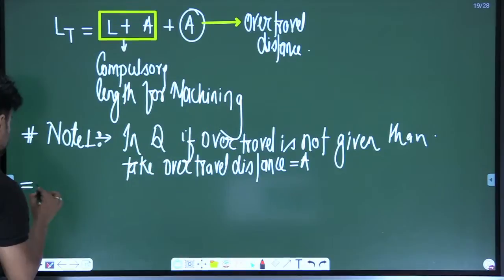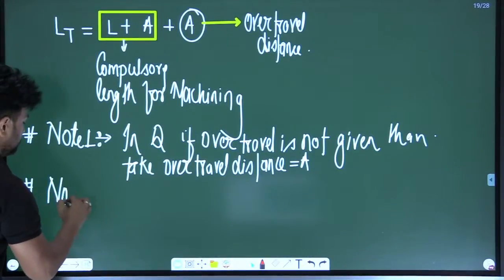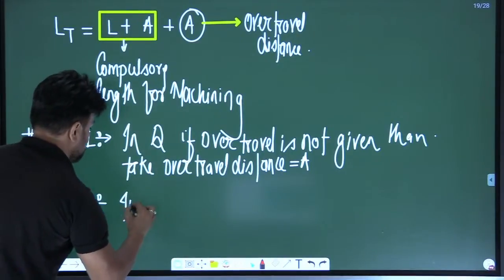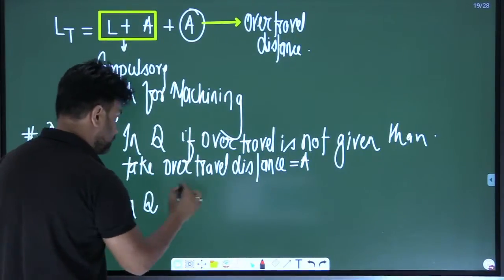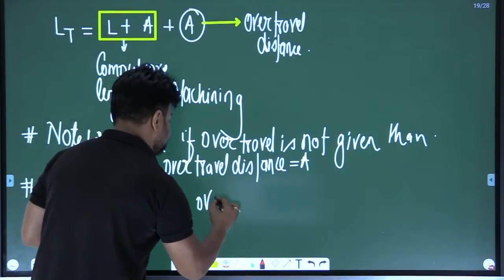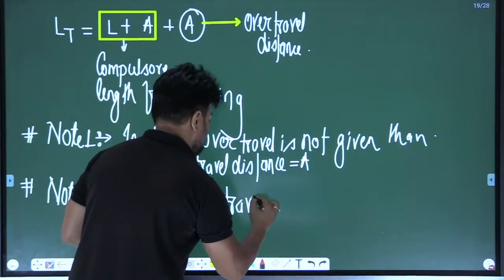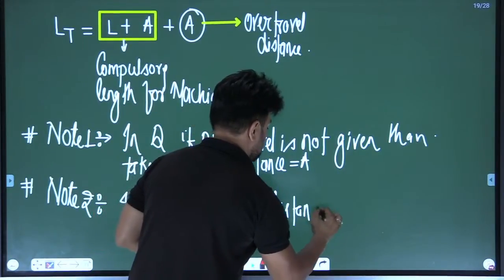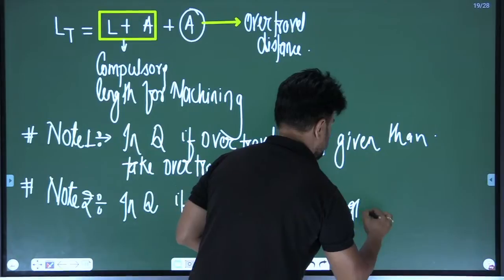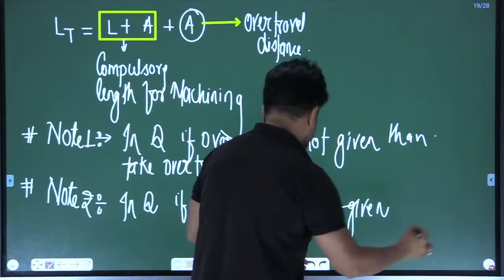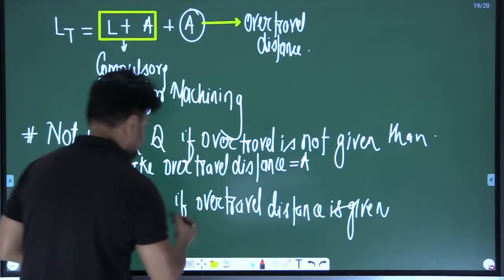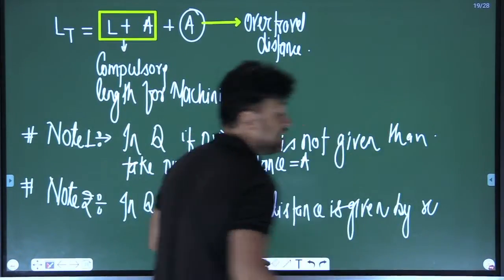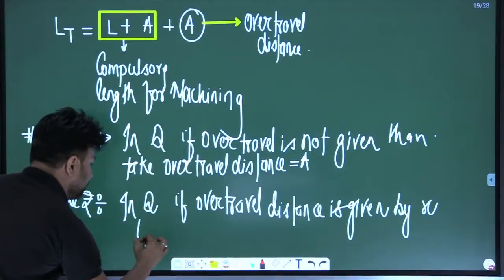Note 2. In the question, if the over travel distance is given, let's say it is given by x, then what will the total length be?